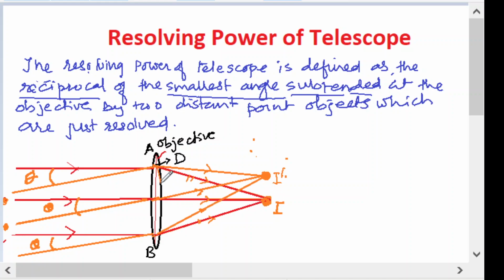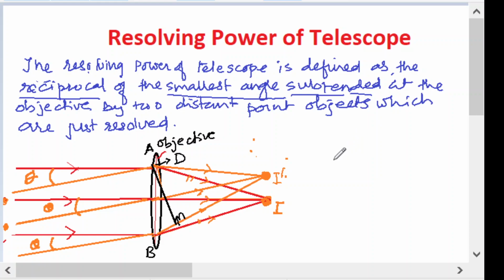Now if we consider this one, there is a path difference between these two, isn't it? And this much path difference is there, so let us consider here the M point. So here I am taking M point, so BM is the path difference.